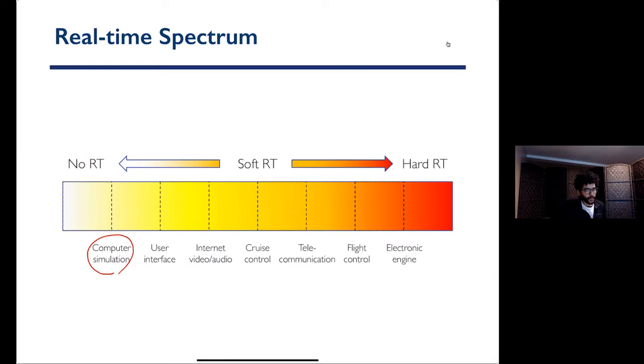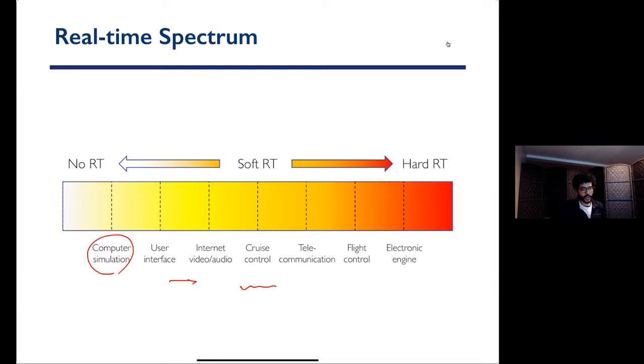As you move towards the center, you're getting to the soft real-time systems. For example, if you have cruise control in your car, that's a soft real-time system. It's not necessary to get to a certain speed by a certain time, but it's good to do that. So if your goal was to get to a certain speed in 1 or 2 seconds or 10 seconds and you didn't, you still have some leeway to get to that speed.